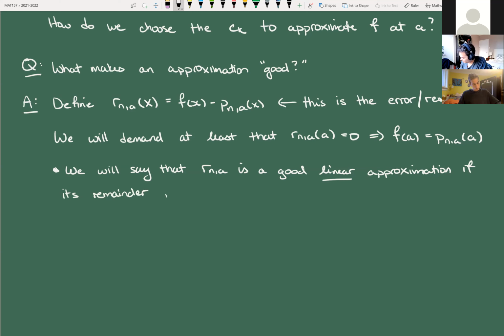If its remainder R_{n,a} vanishes faster than linearly near a. Okay, and the way that we write this is in terms of a limit.